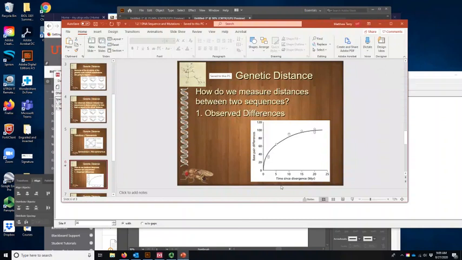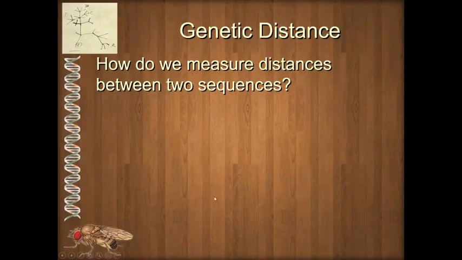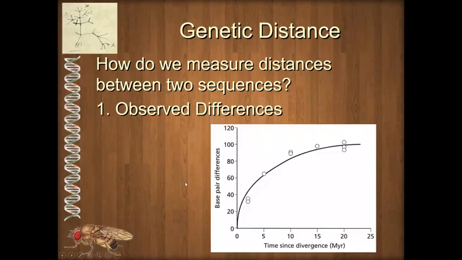Okay, so back to our PowerPoint now. And so what's going to occur is this initial slope here, right? This initial slope, using our observed distance, represents the mutation rate. But over time, we have all of these convergent mutations, all of these back mutations, all of these secondary mutations occurring at the same site, covering up historical mutations.